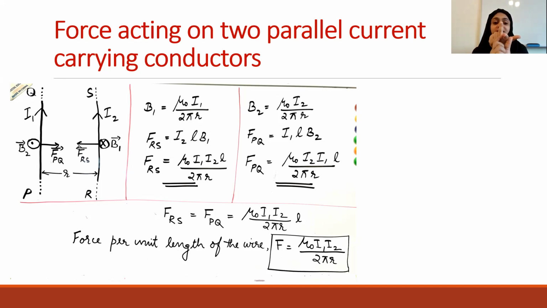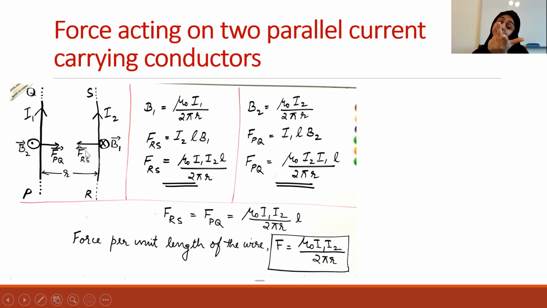So the first finger is in the direction of B1, which is into the screen, and the second finger is in the direction of current, upwards. Now my thumb is directed to the left. So this force FRS is directed towards the left. How did we get this direction?